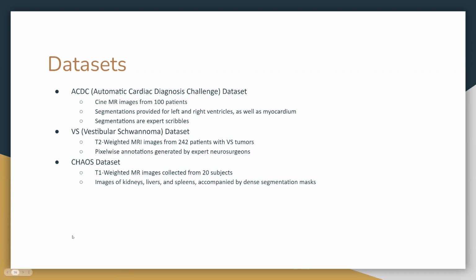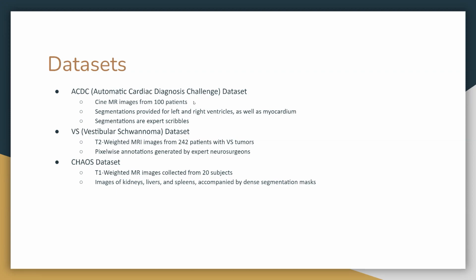For this vestibular schwannoma, I think that's how you say that word, data set, it's MRI images from 242 patients of tumors. The annotations here were pixel-wise, and the annotations for this CHAOS data set were also pixel-wise. The CHAOS data set is T1 weighted MR images collected from 20 patients or subjects, images of kidneys, livers, and spleens, again, with this pixel-wise annotation.